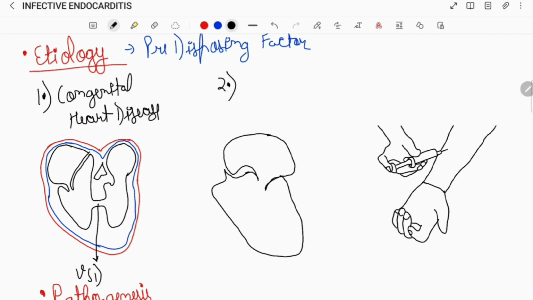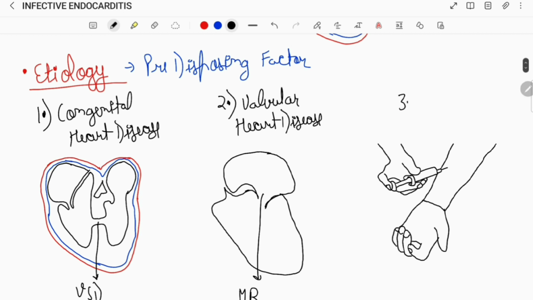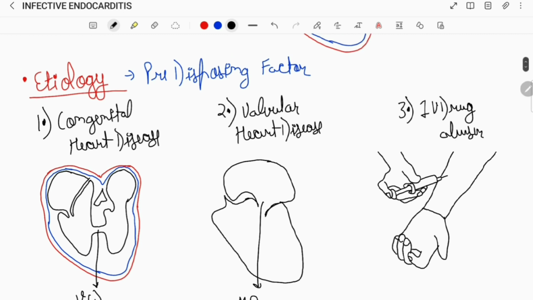Second, the patient may have a valvular heart disease. In this diagram, I have shown a valvular heart disease, which is mitral regurgitation. And third, it can occur in an IV drug abuser. So these are some of the predisposing factors.